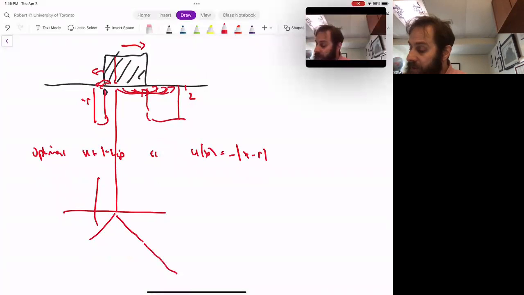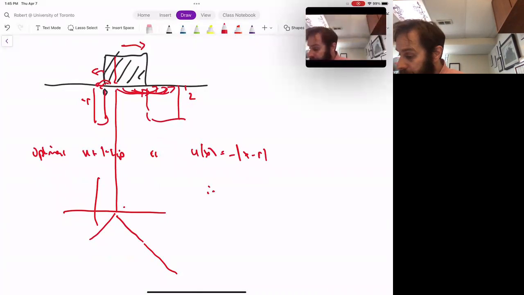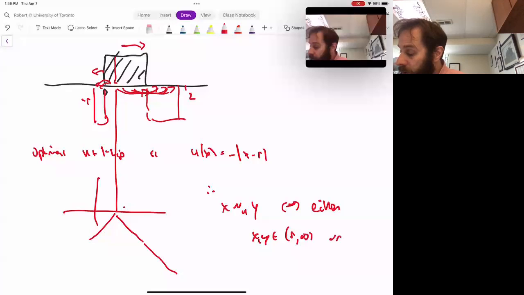And so you see that x is going to be related to y if and only if either x and y are in r to infinity, or x and y are in minus infinity up to r.